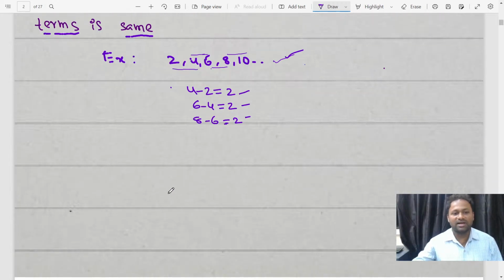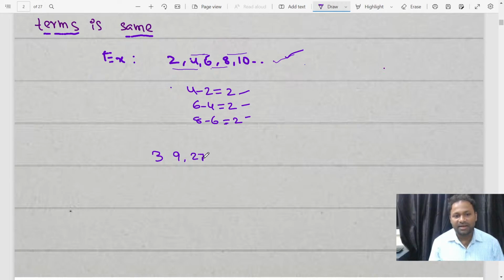For example, I will take one more example: 3, 9, 27, and so on. Is it called an arithmetic progression? Let us check. Here, the difference between these two terms won't be the same.